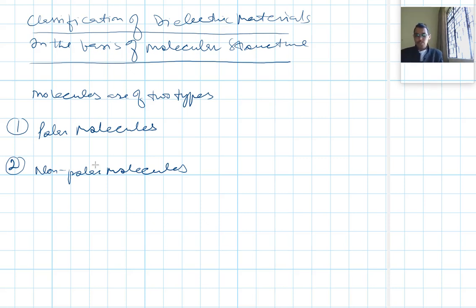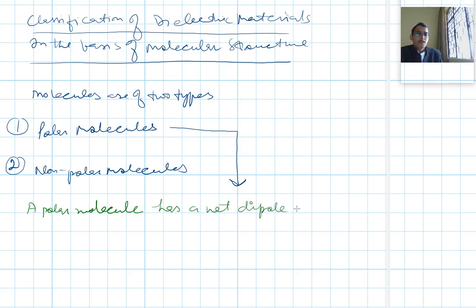First of all, let me talk about what a polar molecule is. A polar molecule has a net dipole moment due to unsymmetrical distribution of charge.